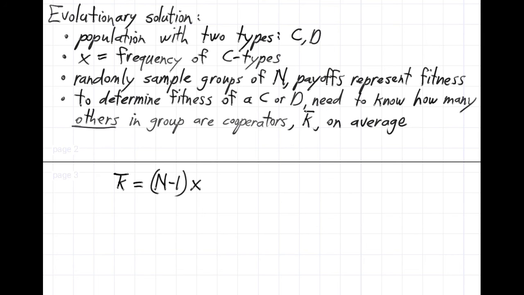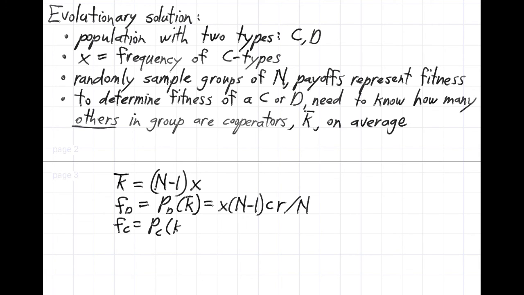So from that, we can work out the fitness of a defector, and that is just, as we said, the payoff to a defector if he or she has K bar cooperators in that group. So that's K bar times C times R divided by N, just like we did before. And the fitness for a cooperator is just the payoff for a cooperator on average, so if there are an average number of other cooperators in the group.